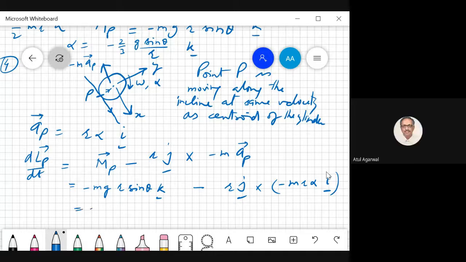So what do I get? Minus mgr sin theta k, and sorry, j cross I is minus k, so this will be another minus mr square alpha k. All right. Any problem?